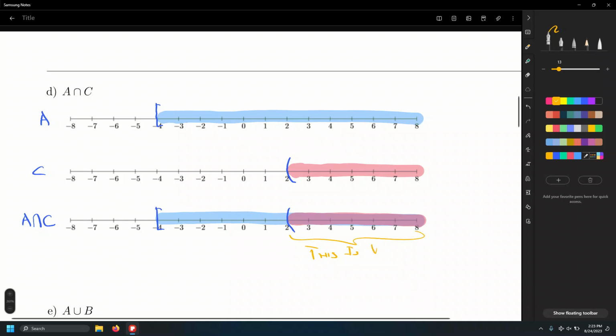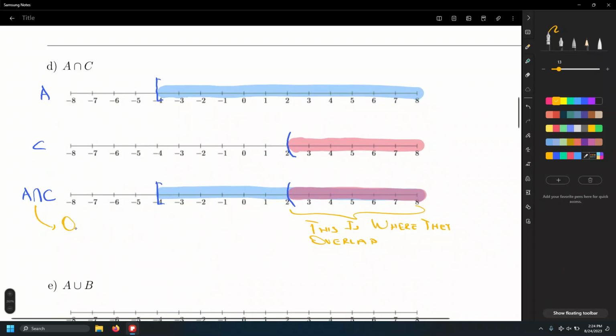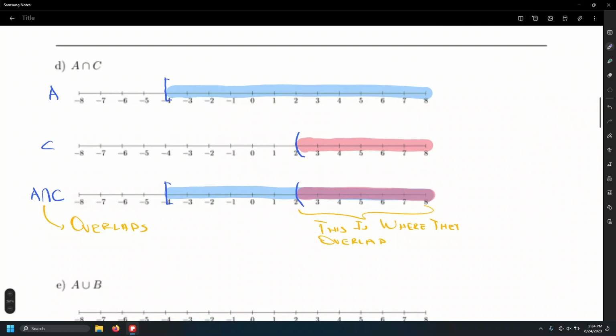This is where they overlap. That's what the intersection means, overlaps. So let's describe this using interval notation. A intersection C will be, in this case, 2 to infinity.